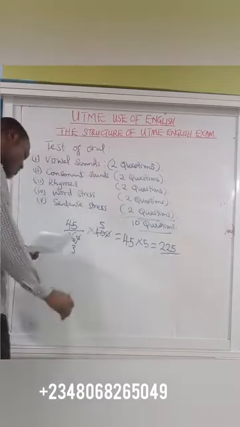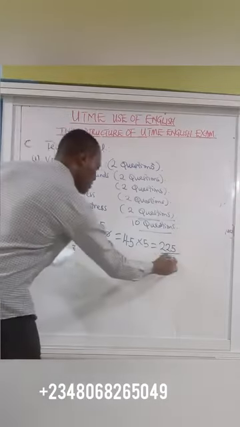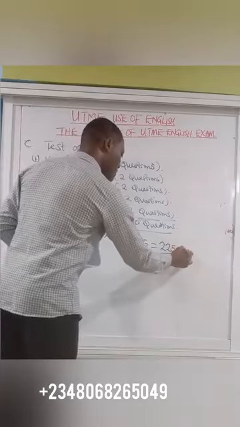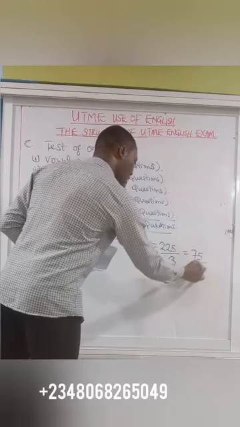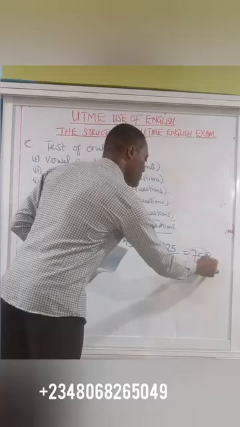So that means we have 225 divided by 3. Press your calculator. You are going to have 75 over 100. So it means you get 75%.